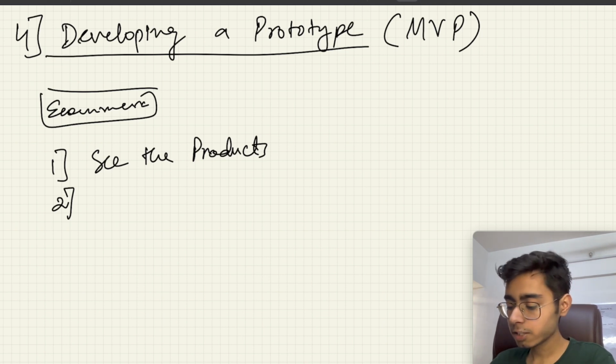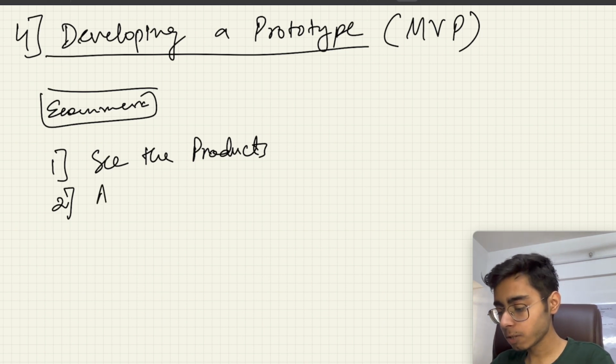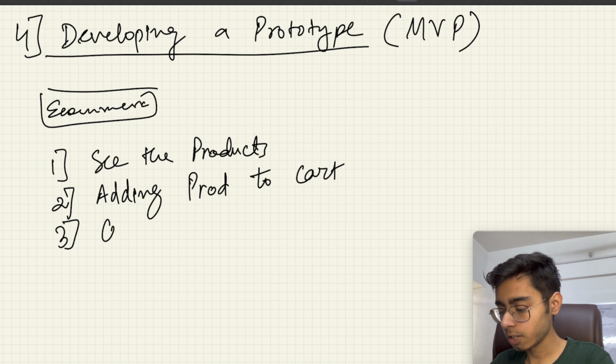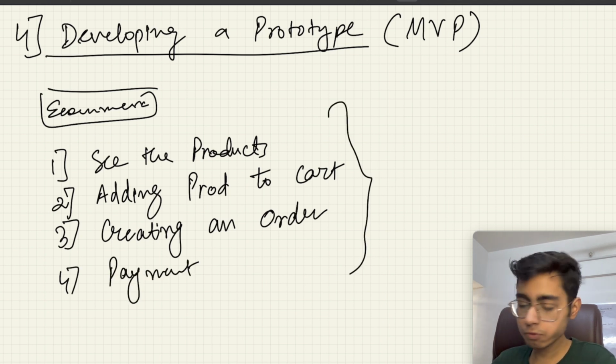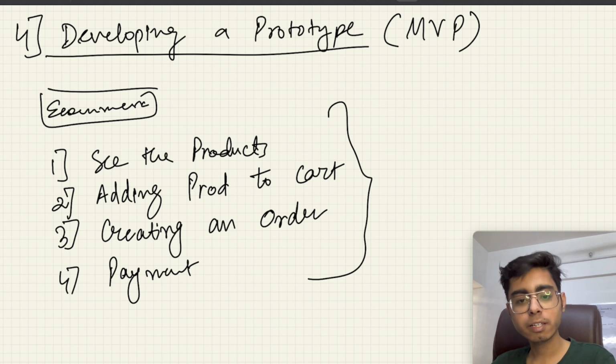Then the next feature is adding the product to the cart, then creating an order, then payment. With only these 4 features, my product can work.